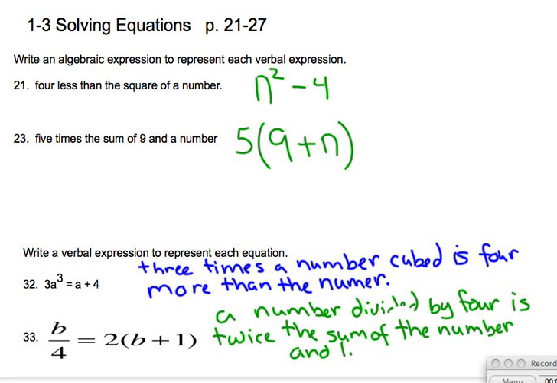So twice means I multiply by 2. The sum of the number and 1 means I have that parentheses going.